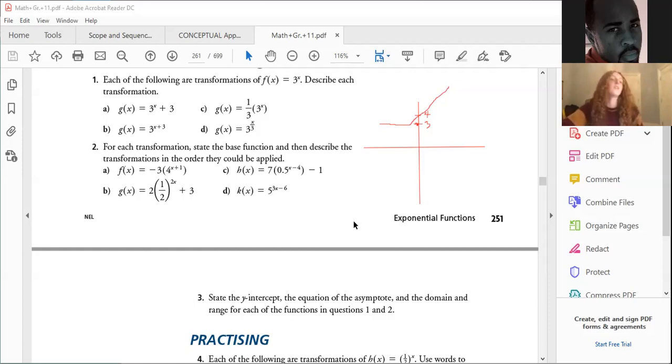That thing is going to be y equals 0. Which one are we doing now? A, B, or C? B. Okay, B of 1. Let's start at the y-intercept.